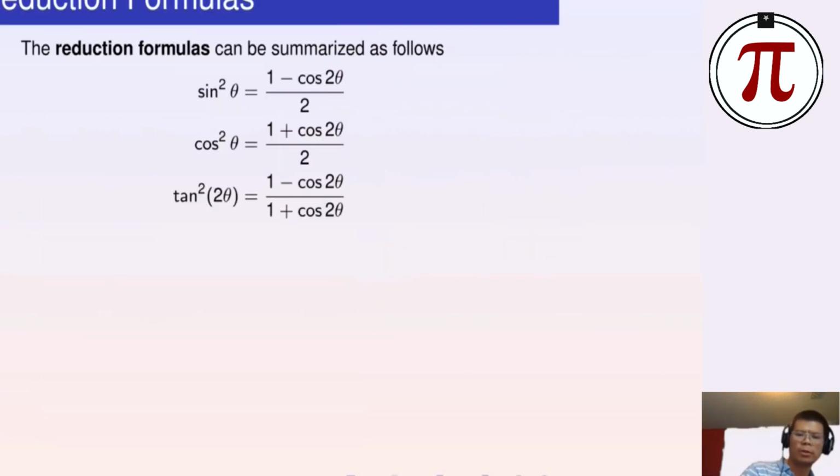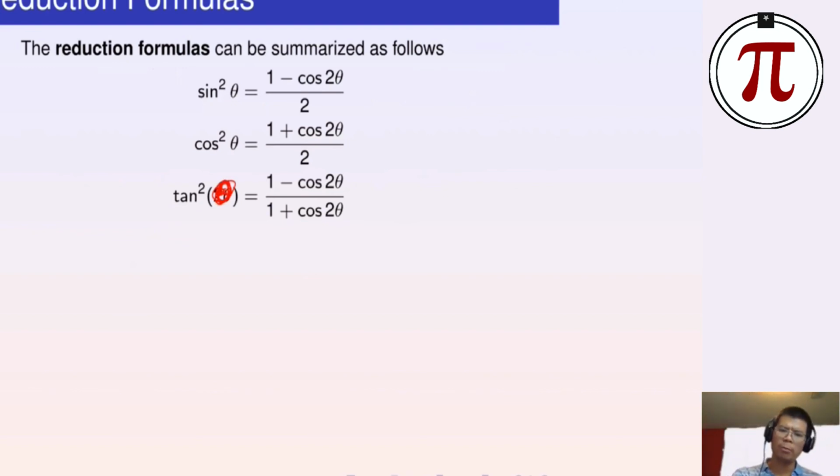These reduction formulas can be summarized as below. Sine squared theta is 1 minus cosine 2 theta over 2. Cosine squared theta is 1 plus cosine 2 theta over 2. And tangent squared theta is 1 minus cosine 2 theta over 1 plus cosine 2 theta. These are the reduction formulas.